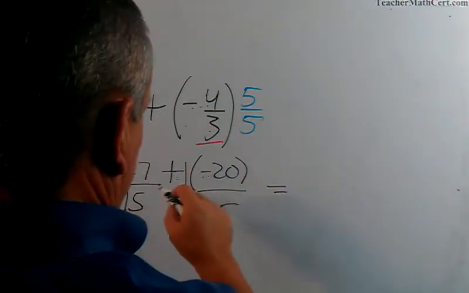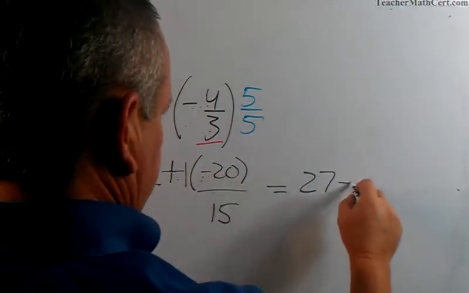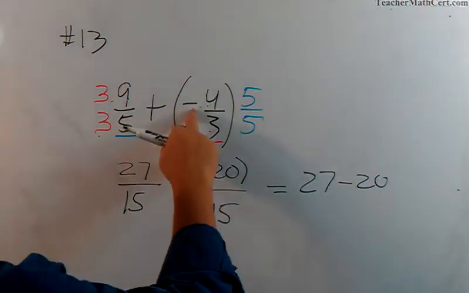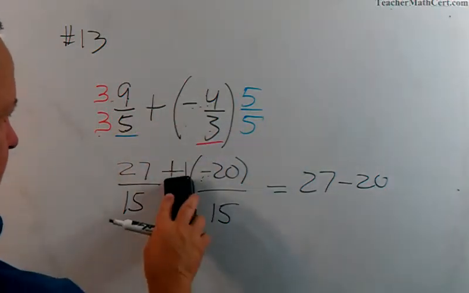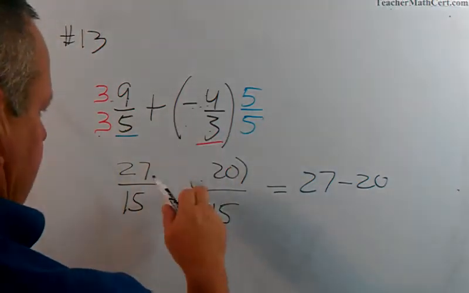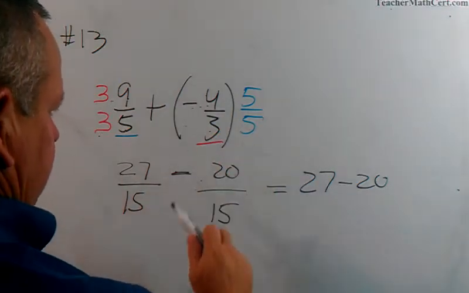So this is going to be 27 minus 20. This becomes a negative number here. Positive times a negative is a negative, right? So we could rewrite this like this, a negative 20. So that's what we've got.